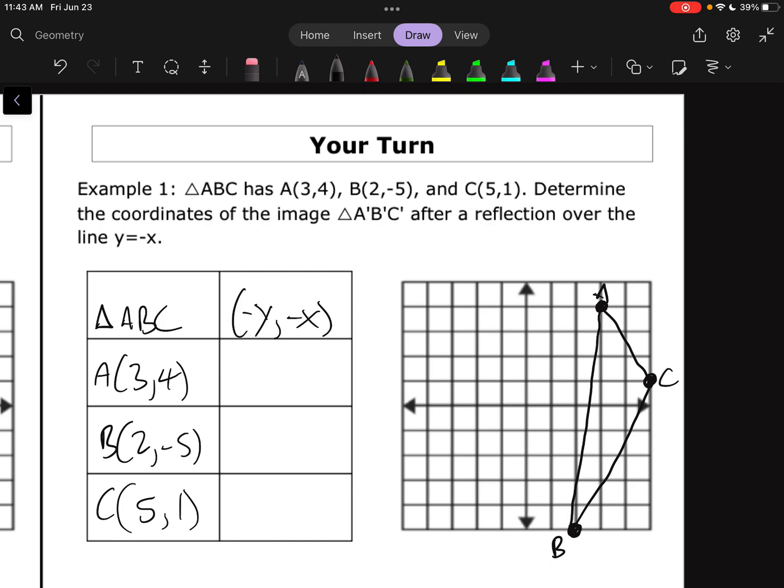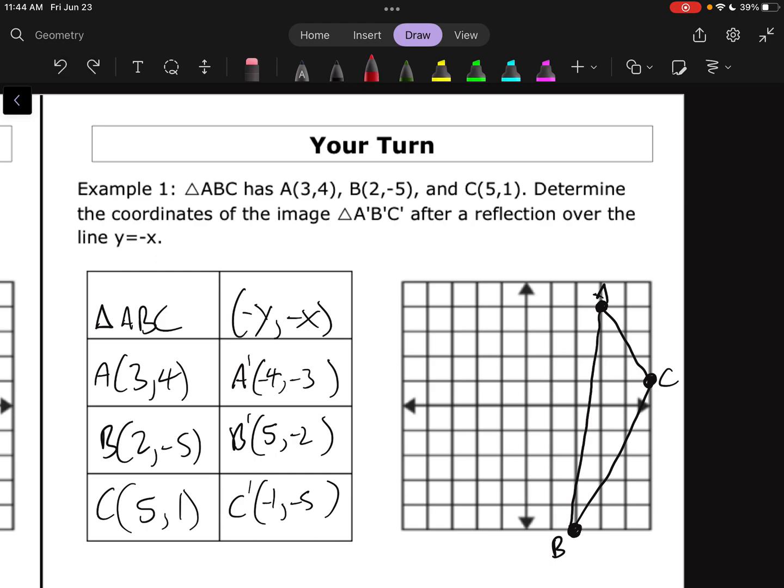And by using that rule, we're going to flip things around and change all the signs. So 3, 4 is going to become negative 4, negative 3. 2, negative 5 is going to become positive 5, negative 2. And 5, 1 is going to become negative 1, negative 5.